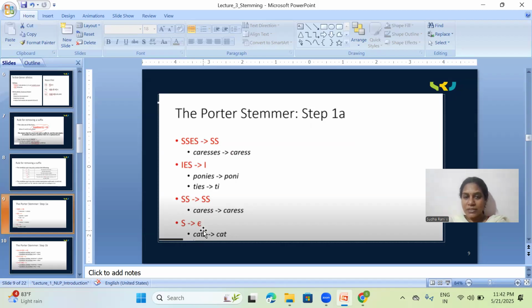S tends to null, so cats becomes cat. Like this, we are able to identify the stem word and the root word in step 1.